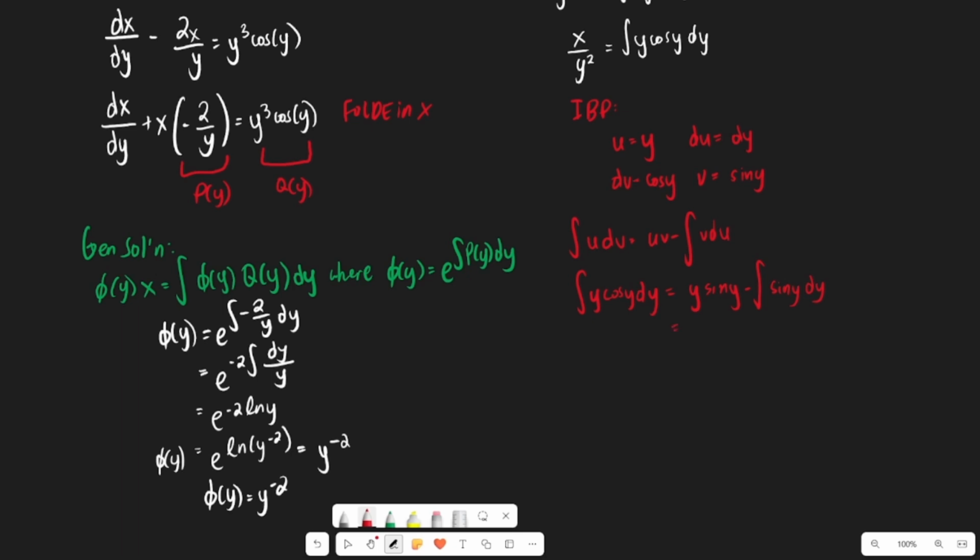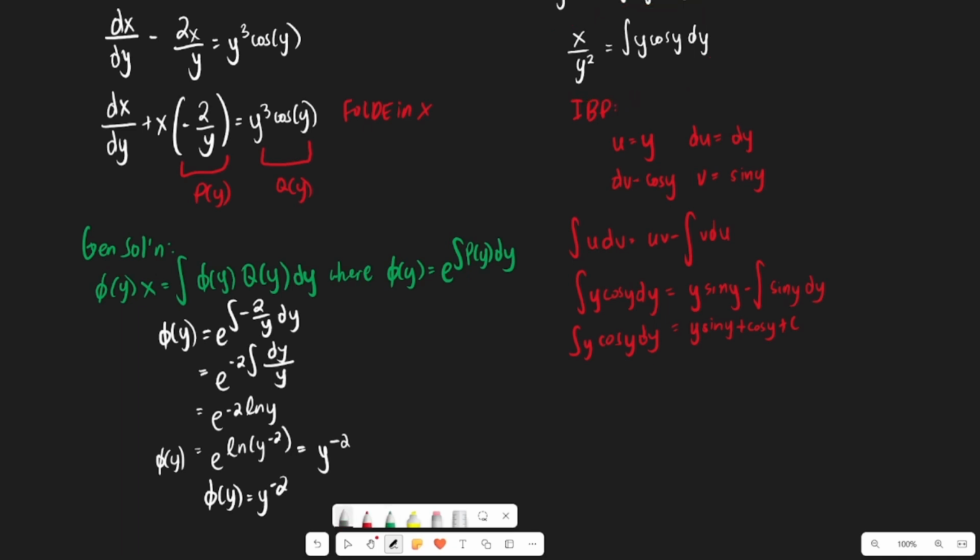So when we integrate this, we have y sine y. Let's simplify. The integral of negative sine y, so let's include the negative sign right here, is positive cosine y, plus c. This is equal to the integral of y cosine y dy.